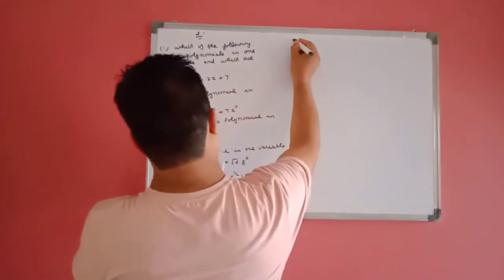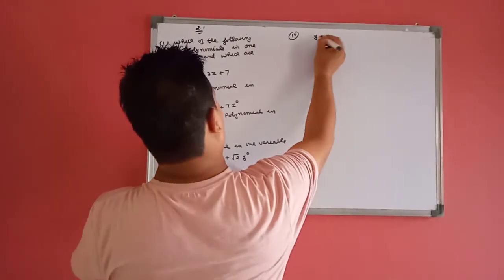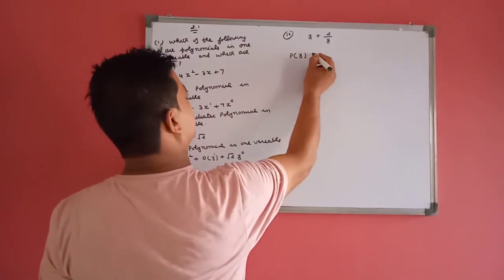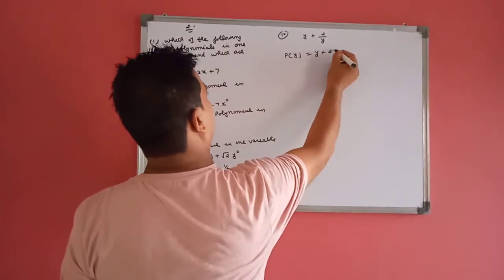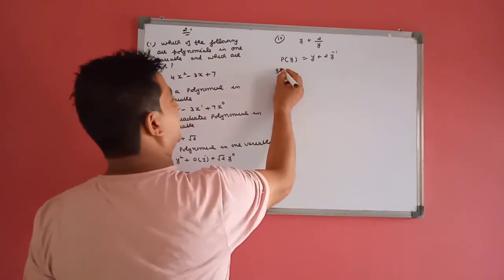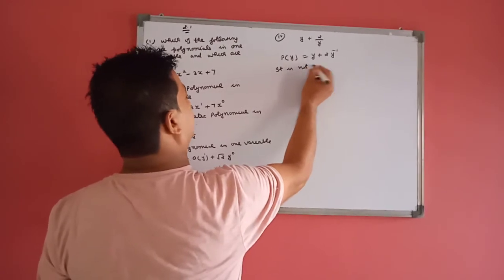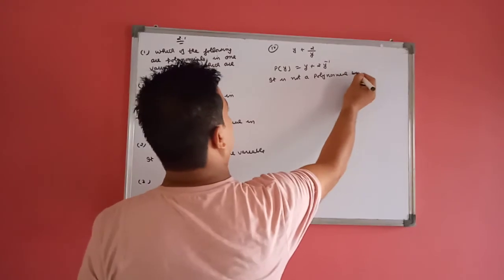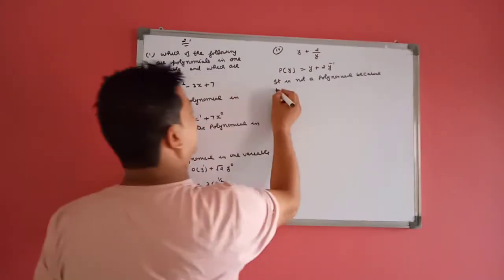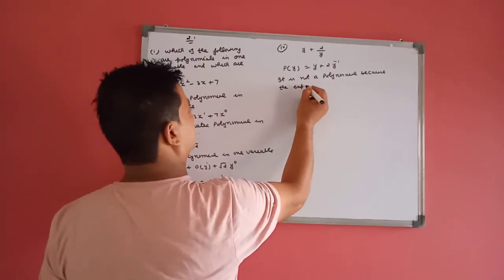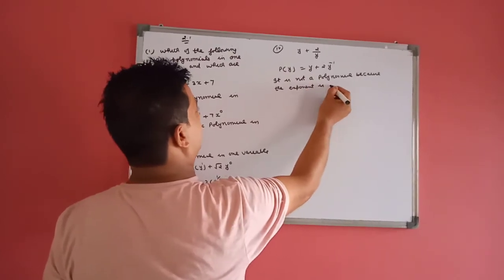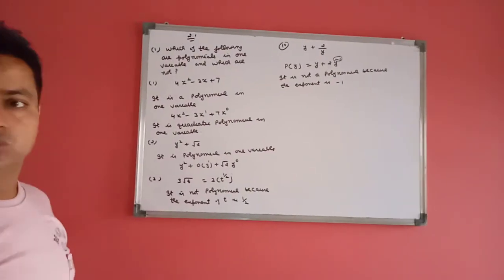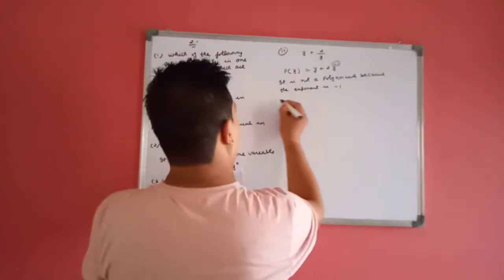The fourth is y plus 2 upon y. We write it as y plus 2y power minus 1. It is not a polynomial because the exponent is minus 1, so it is not a polynomial.